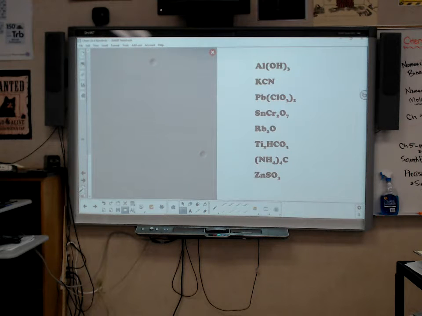What's the charge of chlorate? It's got a charge. It's -1. So there's 2 of them, so you need a +2. There you go. So it's lead 2. That's how you do it.